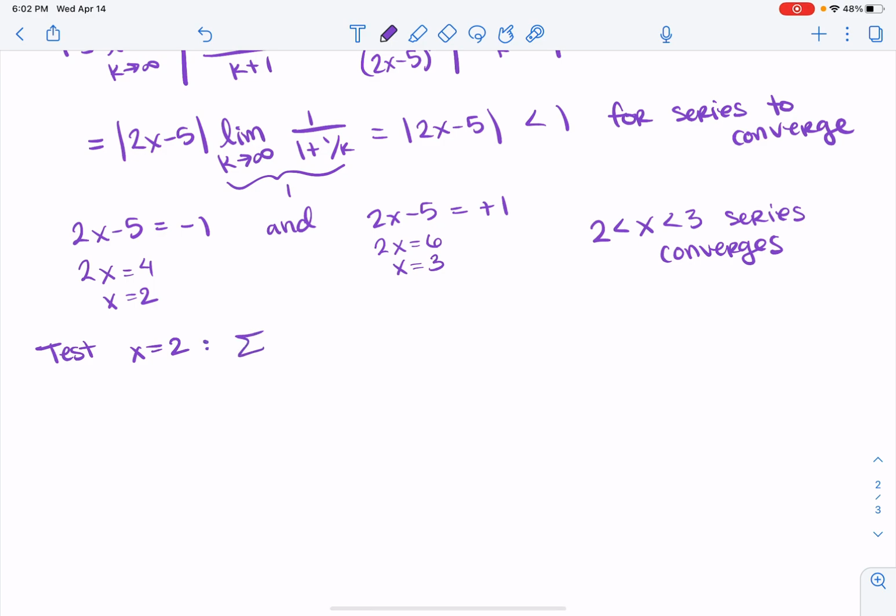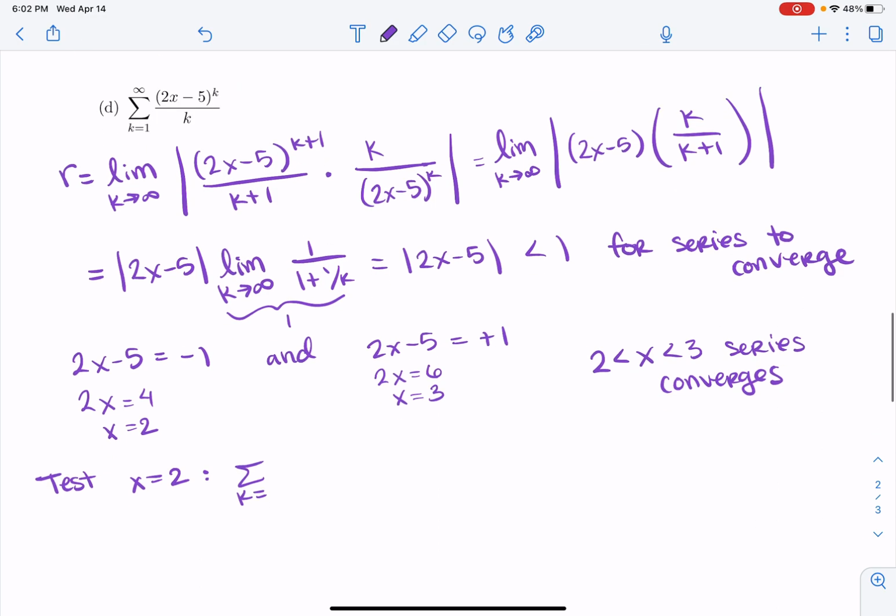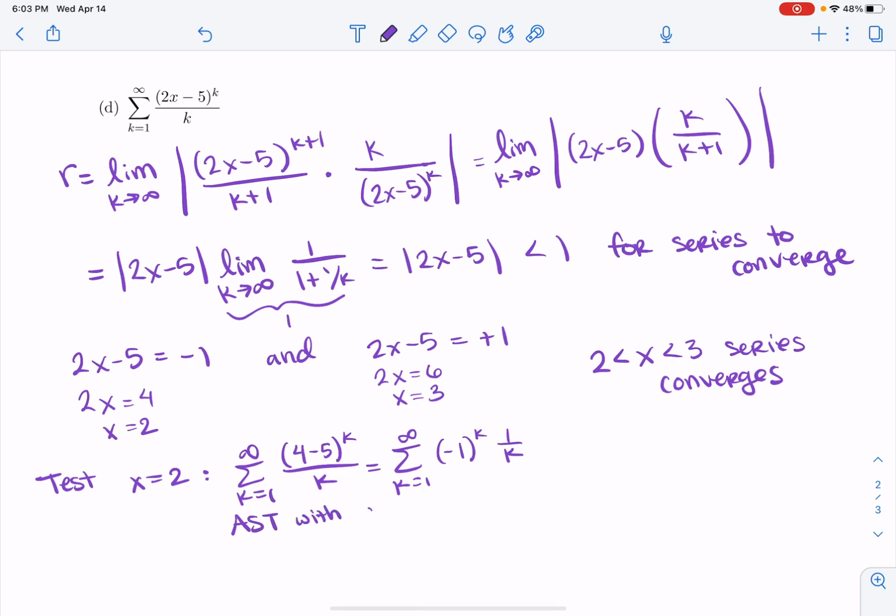So at x equals 2, I get the sum from k equals 1 to infinity of (2 times 2, so 4, minus 5) to the k, divided by k. So that's equal to the sum from k equals 1 to infinity of (minus 1) to the k times 1 over k. This is an alternating series. So I'll do the alternating series test with a sub k equal to 1 over k.